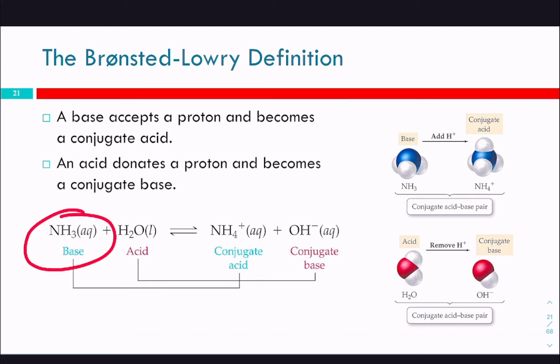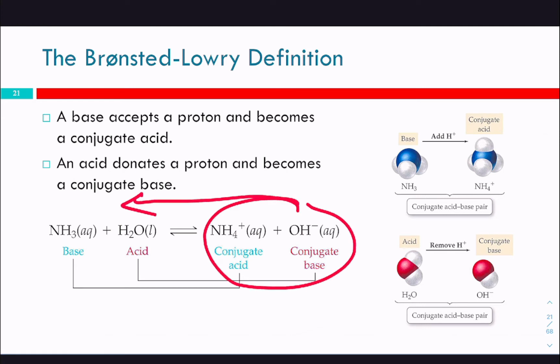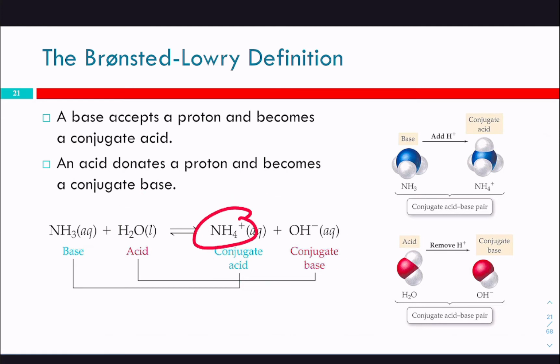So here, again, NH3 takes one of these hydrogens, becomes NH4 plus, so that's the conjugate acid. Because if we took this and wrote it backwards, going the other way, then NH4 plus is donating to OH minus to become NH3.